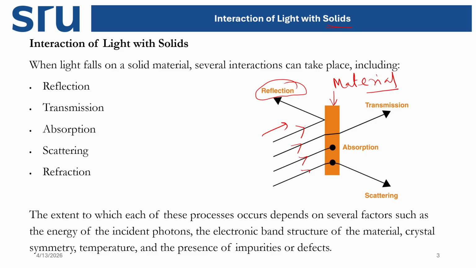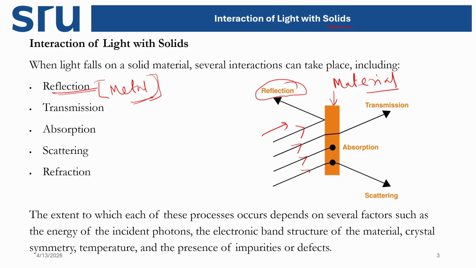This process is generally seen in metals. Metals look completely shiny, meaning the light comes, interacts at the surface, and reflects or bounces back from the surface of the material. So this property is mainly observed in metals, and we see it in the shiny nature of the materials.